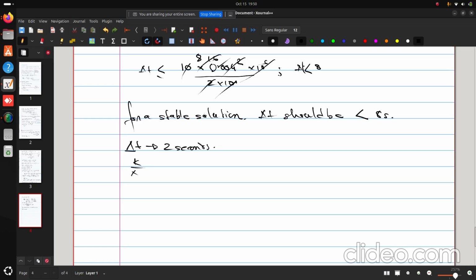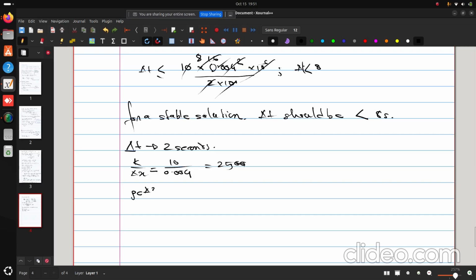So what will be our k by delta x? It will be 10 divided by 0.004. What about our AP?